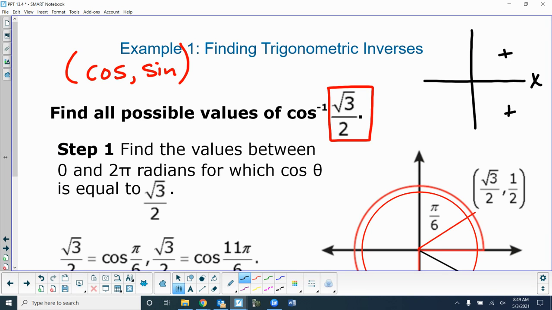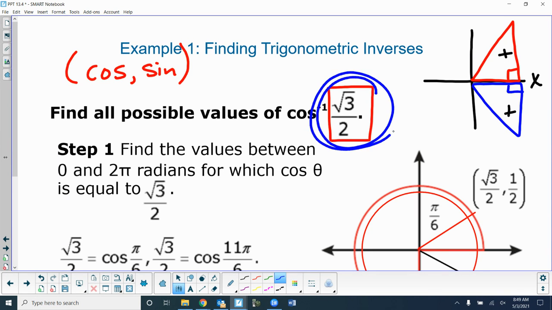So what I do then is I draw my triangles, here in the first and here in the fourth. And what's the x value for both of those triangles? What did it just tell us? Radical 3/2.